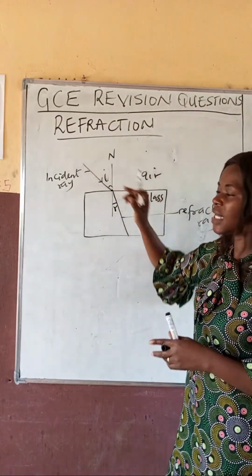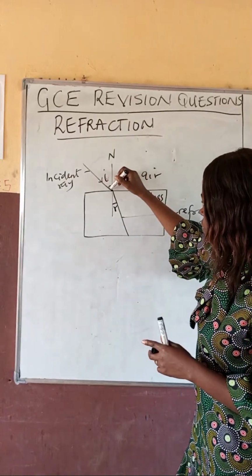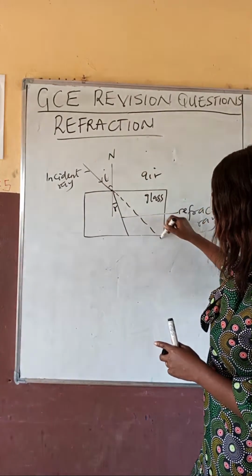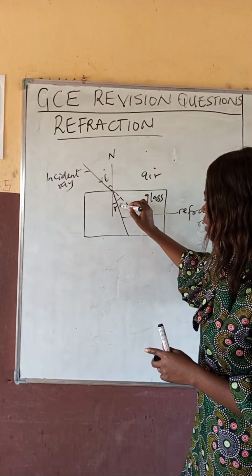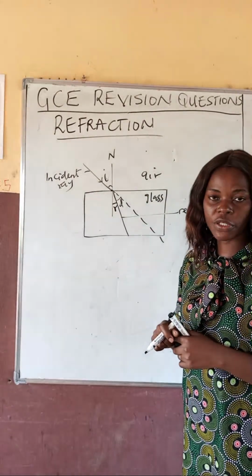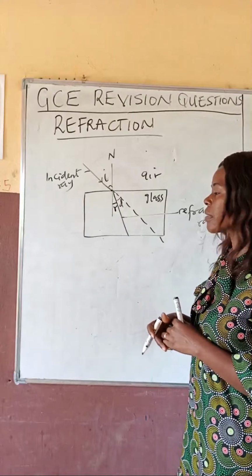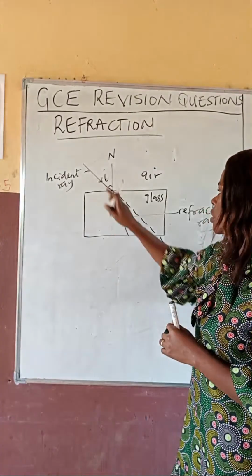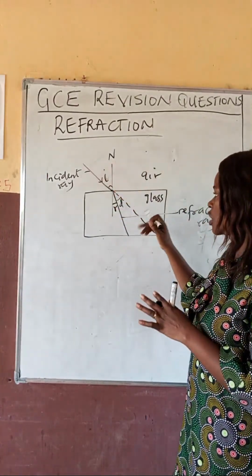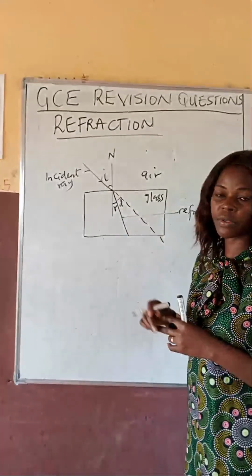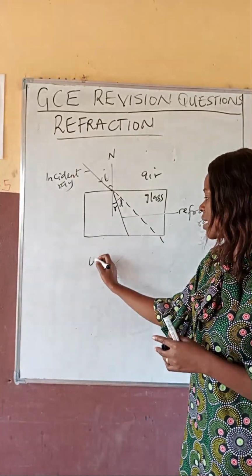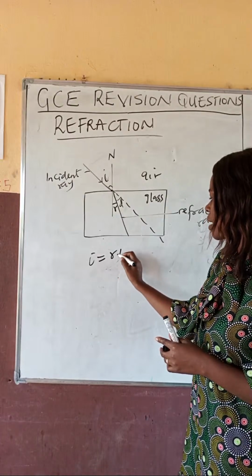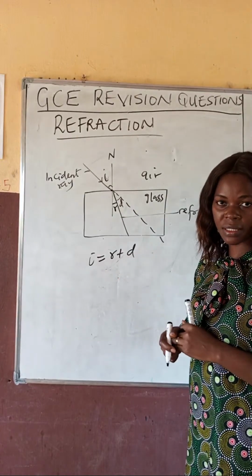Now, if I extend this incident ray, we can calculate our angle of deviation, right? How can we calculate our angle of deviation? From mathematics knowledge, vertically opposite angles are equal. That means I is equal to R plus D, right?